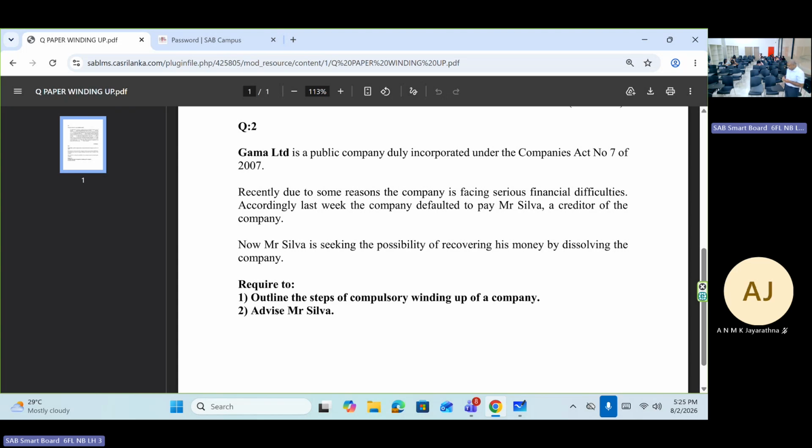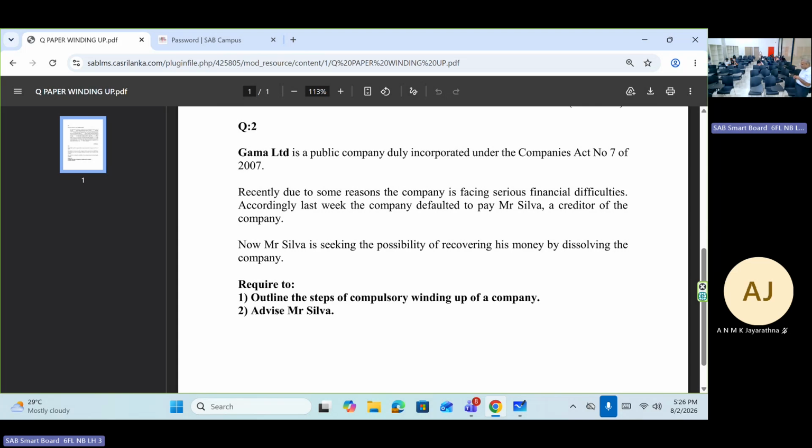Then number 4, the fourth step is the winding up order is given.